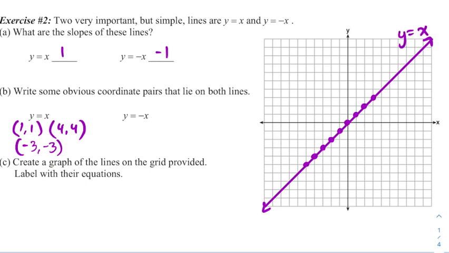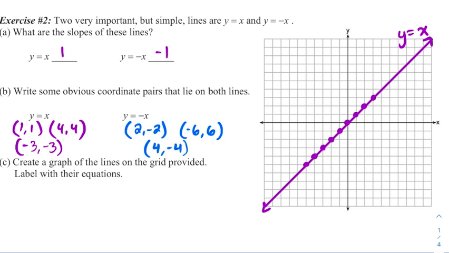Y equals negative x, that means that one of the values, either the x or the y, is positive, and the other is negative. So if the x is positive, the y is negative. If the x is negative, the y is positive. Y equals negative x. One is positive, one is negative. So maybe 2, negative 2, or negative 6, positive 6, or 4, comma, negative 4.